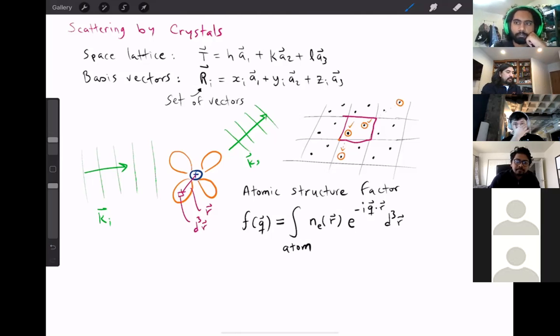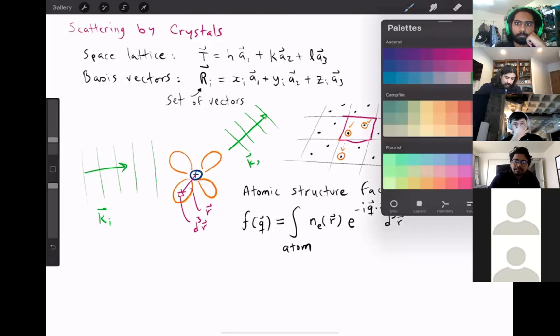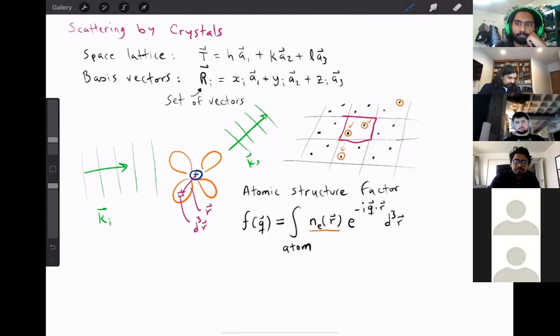All of the electrons in each of the atoms that you're hitting with X-rays are going to have an electron density. That electron density is given by this quantity. And the electron distribution is what gives rise to the atomic form factor. So for instance, this atom could have 4 orbitals in that particular direction, right? If it's hydrogen, it would have just the 1s orbital. If it's carbon, it has the 2p, 2s, and so forth.